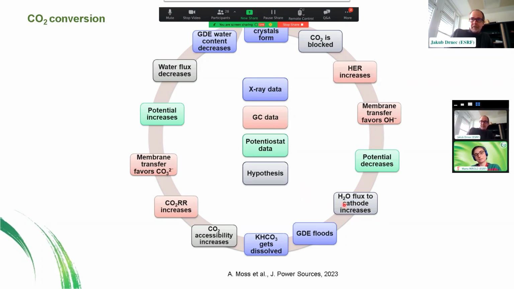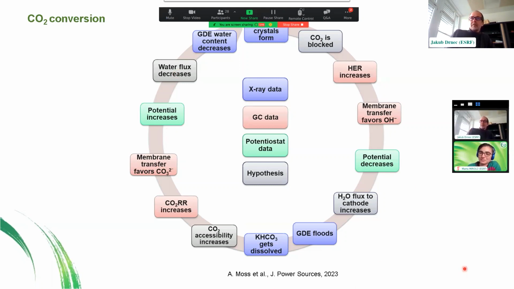This increases the flux to the cathode. This means that the cathode GDE starts to flood, right? Then the salt gets dissolved. Then the CO2 accessibility increases. Then the CO2 reduction increases. You see now the increase of your product. Then the membrane favors the carbonate transfer again, potential increases, water flux decreases, and it keeps going like this.